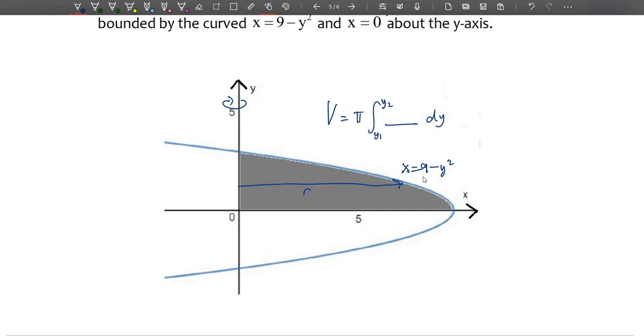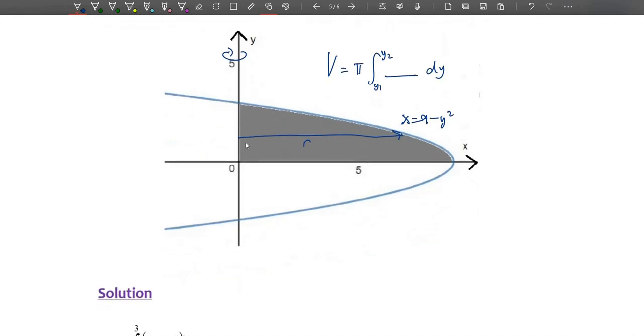Here we have the curve x equal to 9 minus y squared as our R. The distance of the radius should be right minus left, so the right is the function 9 minus y squared, minus 0. That's why R is equal to 9 minus y squared.